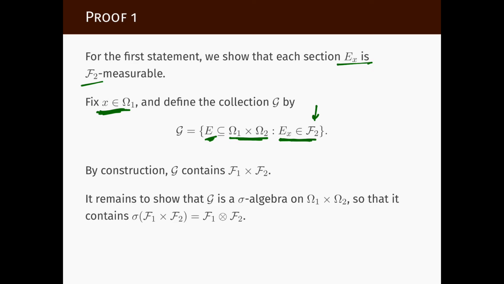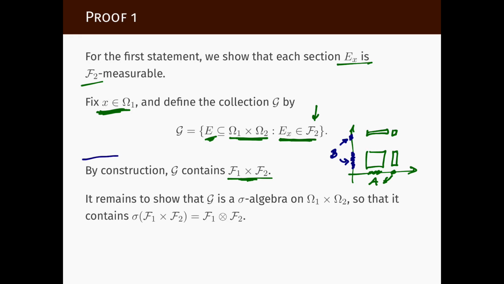Of course, if we take a rectangle, a set of the form A Cartesian B, where here we have A and here we have B, then this is true.